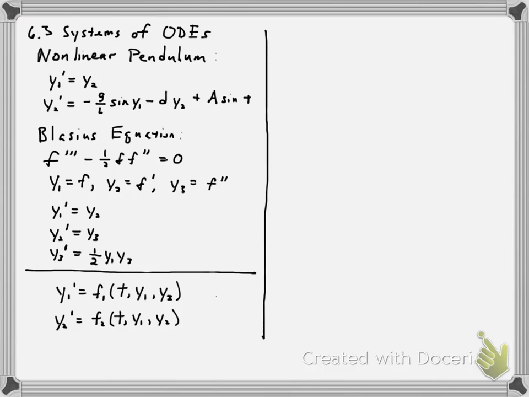Okay, so this is a two-dimensional first order system. And now we'll use Euler's method, which will have two formulas, one for y1 and one for y2.